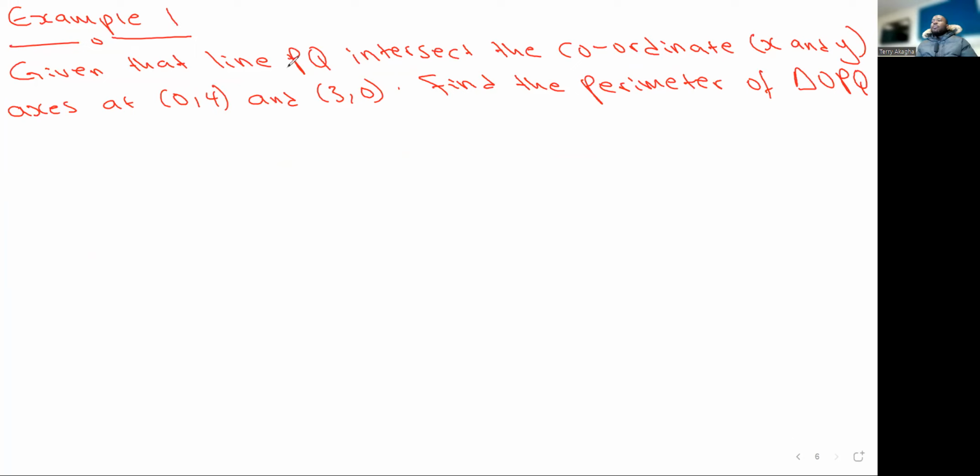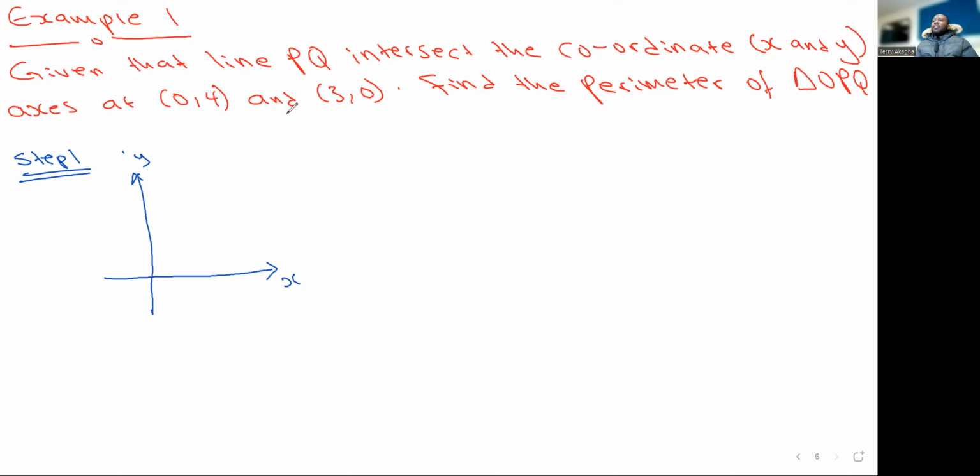So we have a line PQ intersect. Let's draw this. Step one, let's have the X and Y axis. This is the Y axis. This is the X axis. And we're told that the intersection is at where?